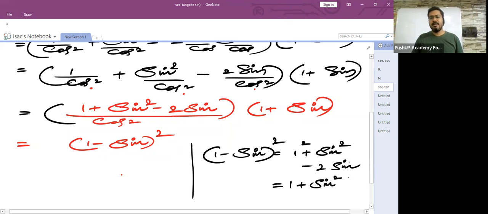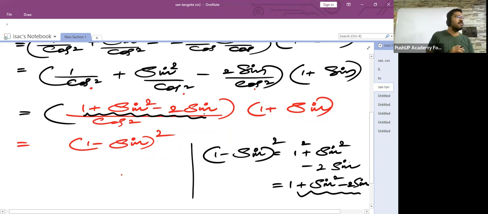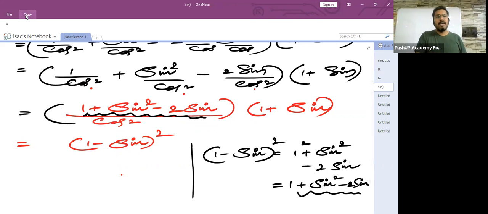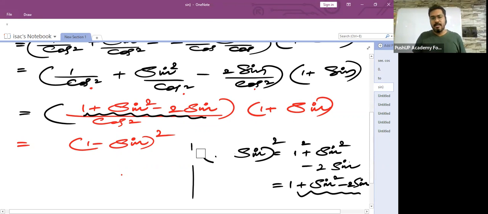So, 1 plus sine square minus 2 sine. Are we getting the same expression over here? Yes. So that calculation should come into your mind, children, which I always say, through experience it will come. So 1 plus sine square minus 2 sine is nothing but 1 minus sine the whole square. I hope that we will get the answer.